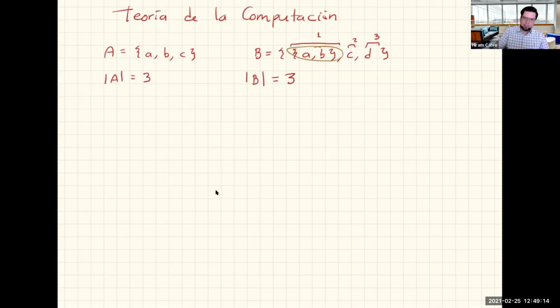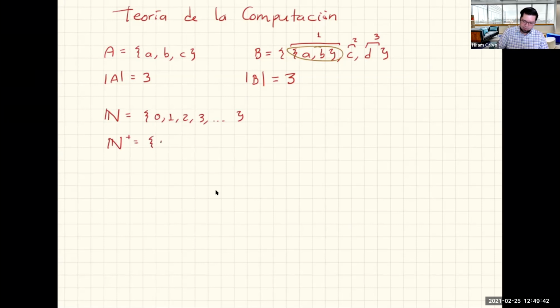In addition to that, we will have some special sets called N, which is the set of natural numbers, which begins with 0, 1, 2, 3, etc. And this is a convention because some people, for example, people coming with a math background, maybe you are used to have natural numbers beginning with 1.